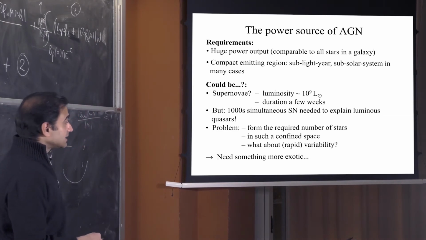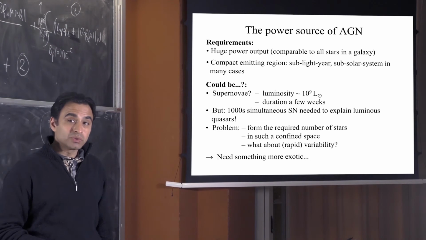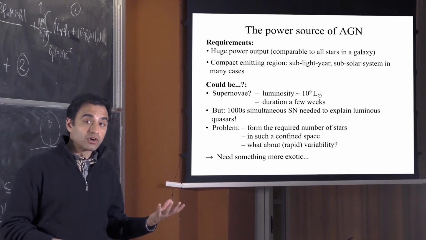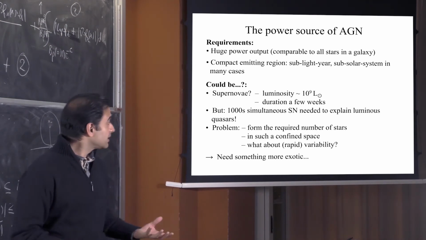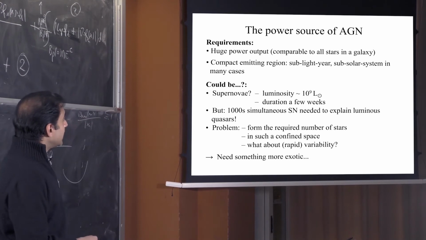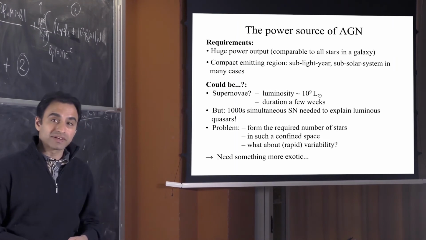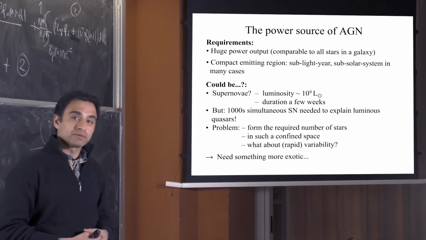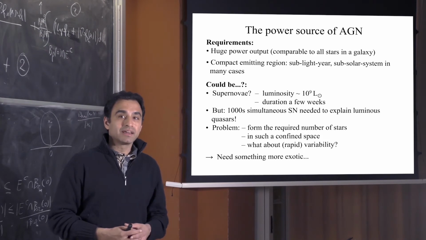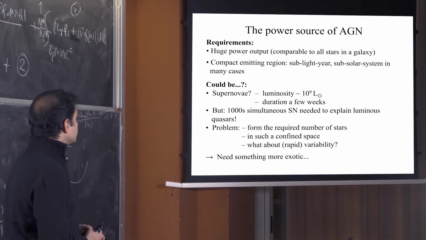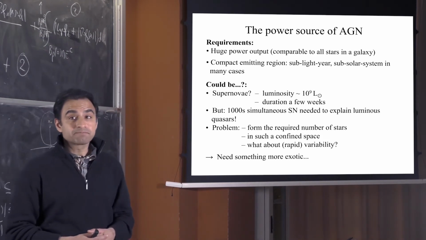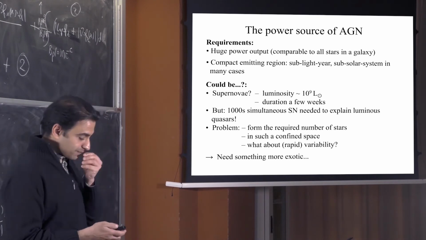Also, the time scales are not the ones that you require for an event like an AGN. And it's really difficult to have 1,000 supernovae just exploding at the same time at the very center of a galaxy. That's really unusual. So this is not really a plausible explanation. We need something else. What can that be?